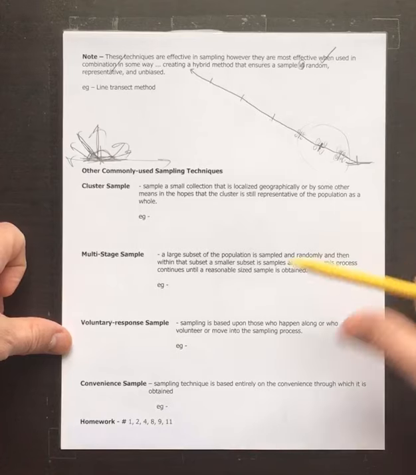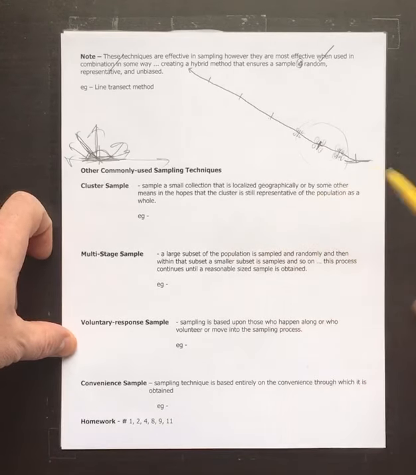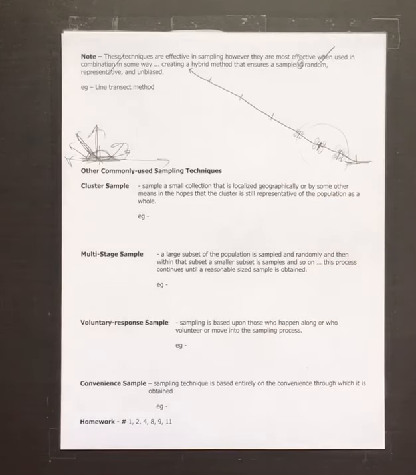Another type of survey that's very commonly used is a voluntary response sample. A voluntary response sample is wrought with bias, a big type of bias called non-response bias, because you're not getting responses from all kinds of individuals, only from the people who want to respond.